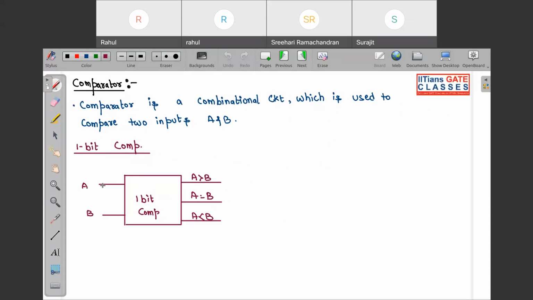Now this type of question might be asked: what is the output sequence for this one when A is greater than B. Look very carefully.